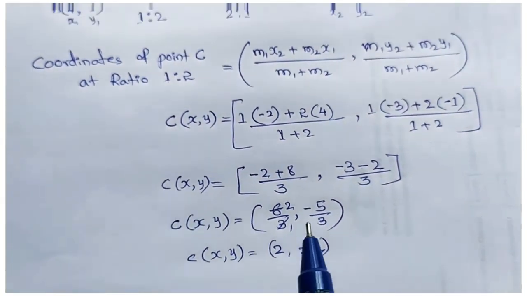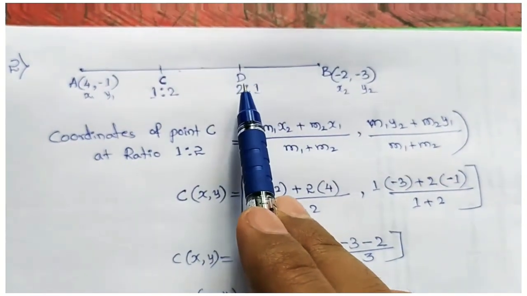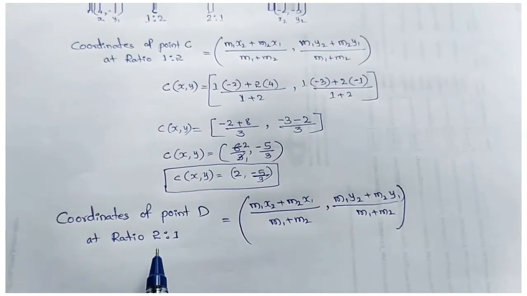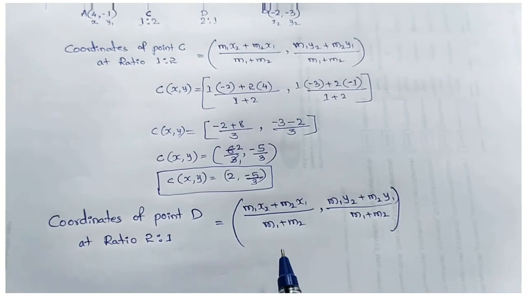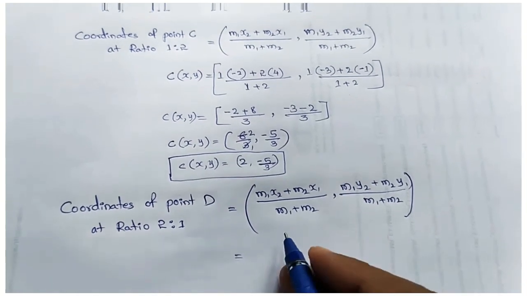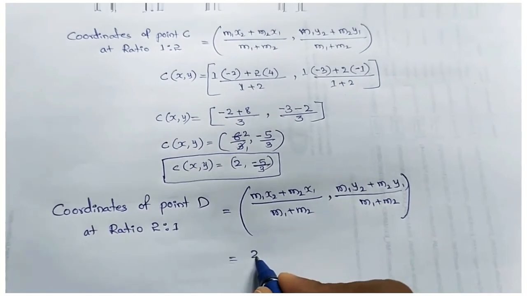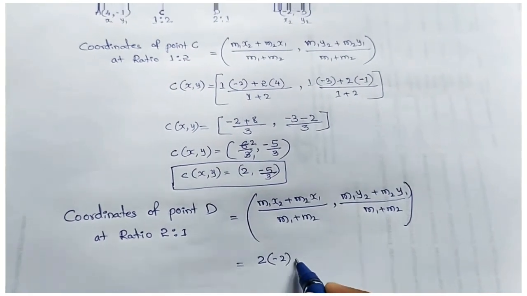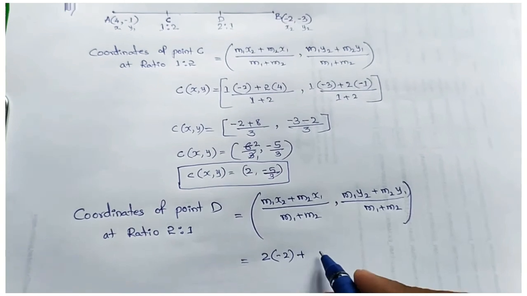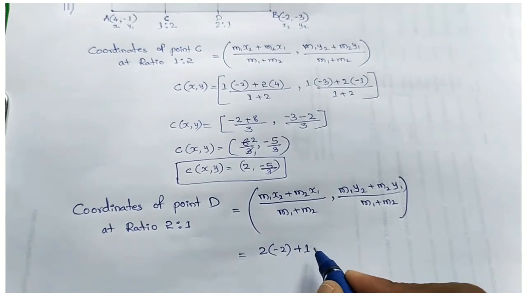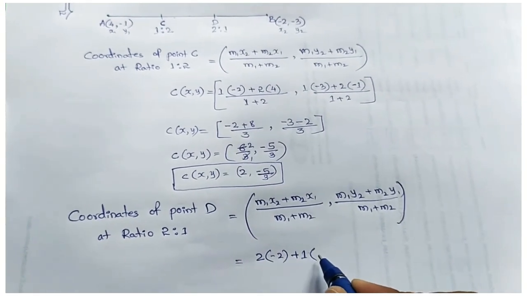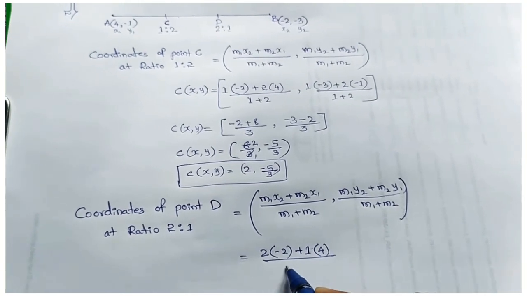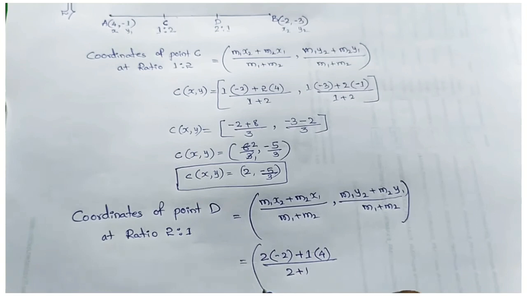Now we have to calculate the coordinates of D with the ratio 2:1. Now taking the ratio 2:1, substitute the values in the formula. m1 let's take as 2. So what is x2? x2 is minus 2, plus next m2 is 1, x1 will be how much, that is 4, divided by 2 plus 1.